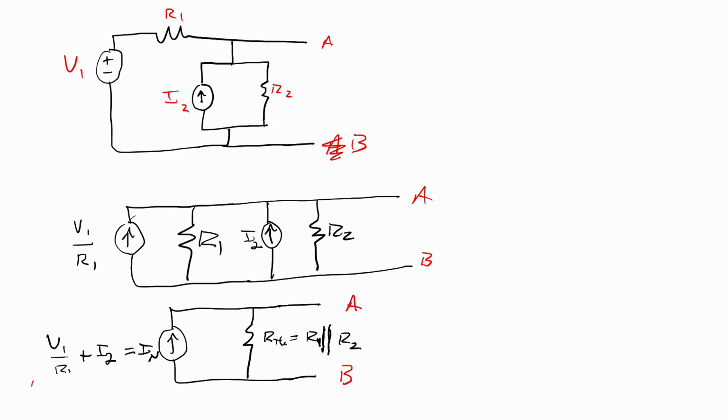This would be the Norton equivalent of just this part of the circuit right here. That Norton circuit is right there, but it connects through this node to these two, and it connects through this node to these two sides, basically to A and B, so I'll draw those farther out. So this stuff is all in parallel now.